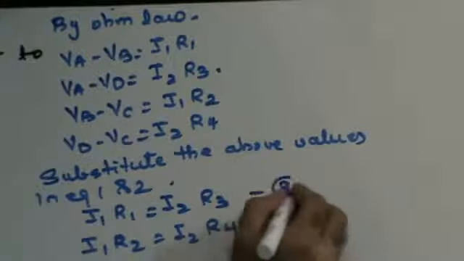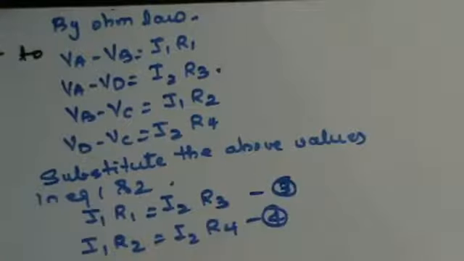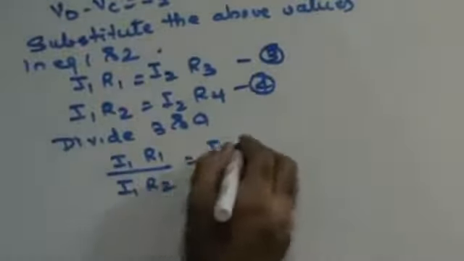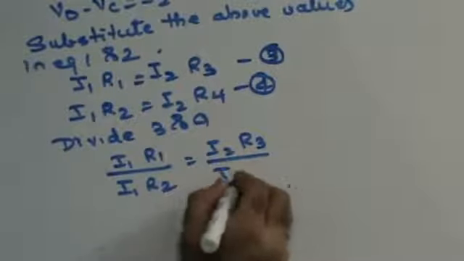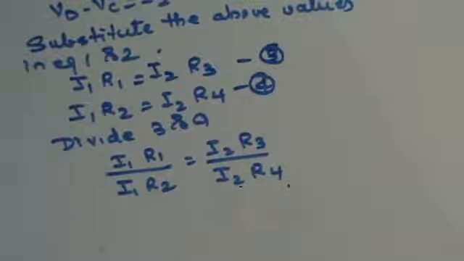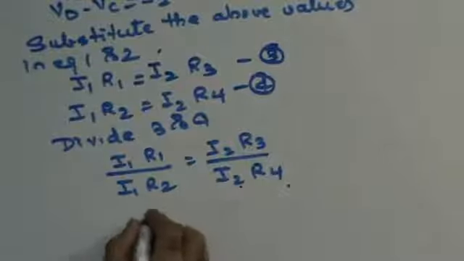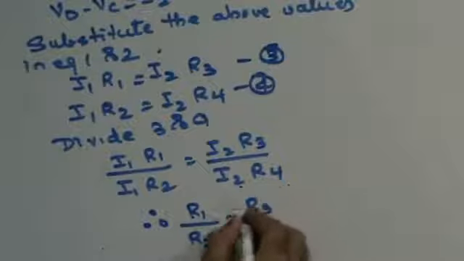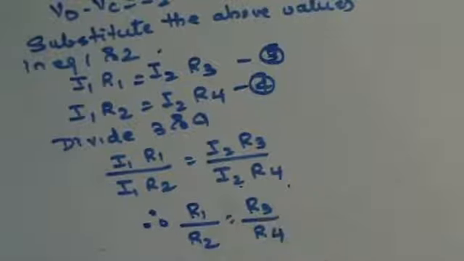Call this equation 3, call this equation 4. Divide 3 and 4. So I'll get I1 R1 upon I1 R2 is I2 R3 upon I2 R4, right? Therefore, you will get R1 upon R2 is R3 upon R4. That's your balancing condition. This particular relation is called the balancing condition.